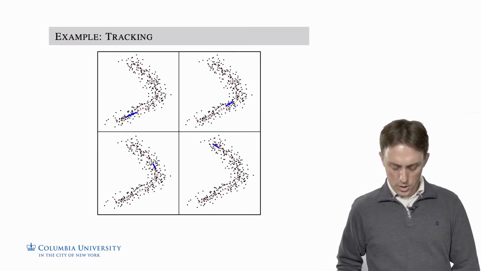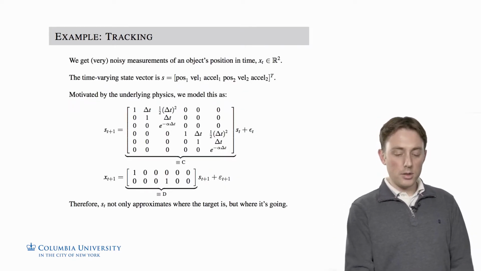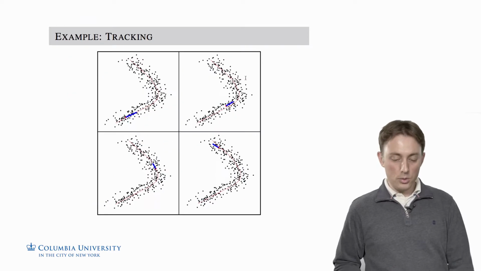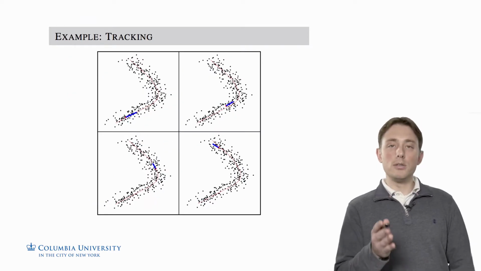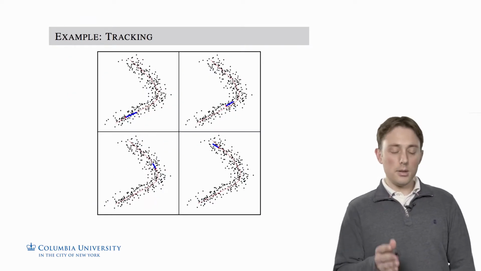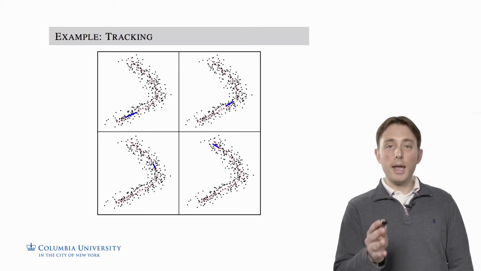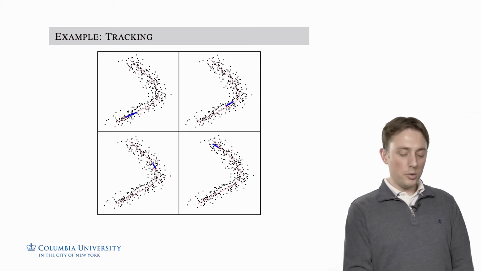And then this blue line is showing the velocity vector. So I'm plotting a vector of this velocity in dimension 1 and the velocity in dimension 2. That's the blue line, which gives us an estimate of the direction and the speed in which the object is moving.